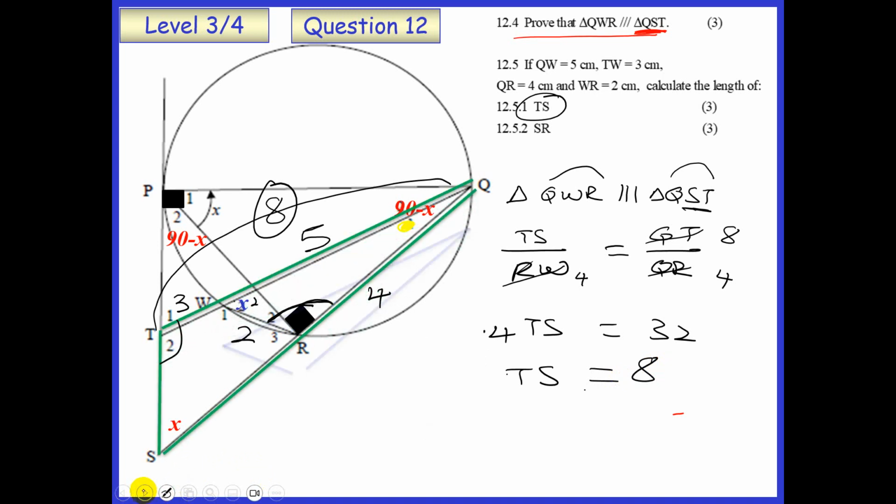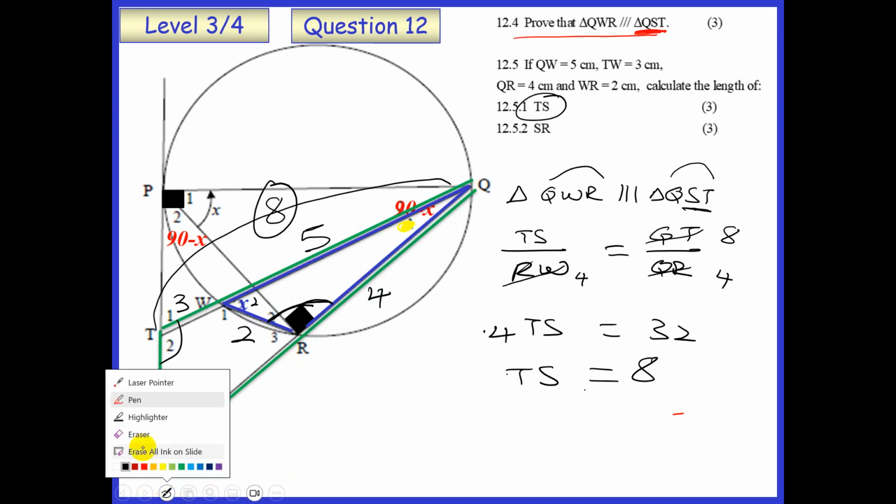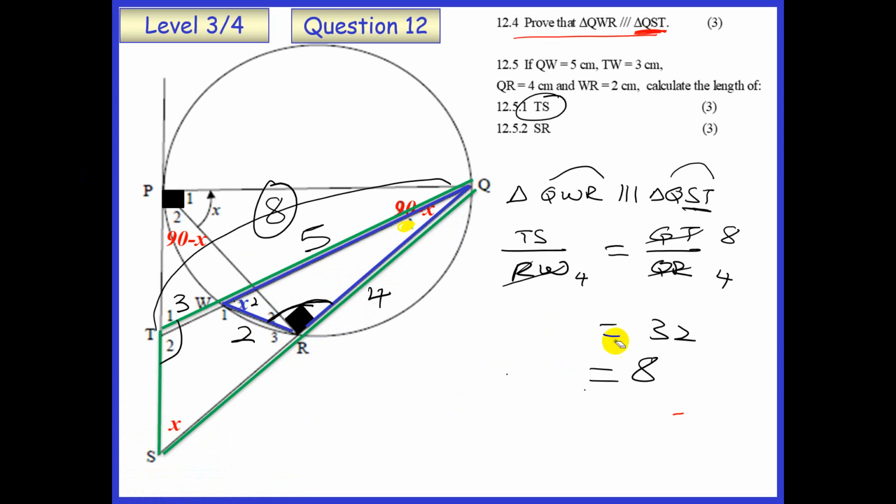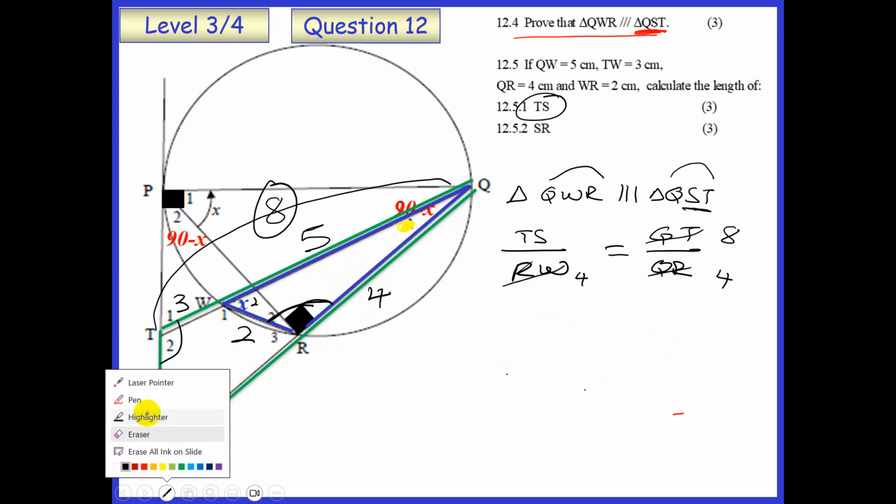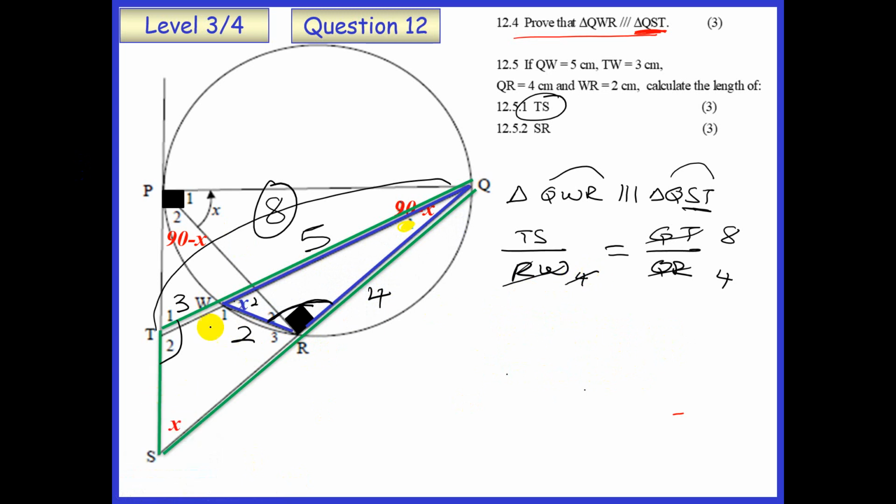Let's get back there, which I'm going to erase. Okay, let's go back a statement here, and the mistake is we said RW is 4, and that is a mistake, so what we had to say is actually, according to the diagram, 2.